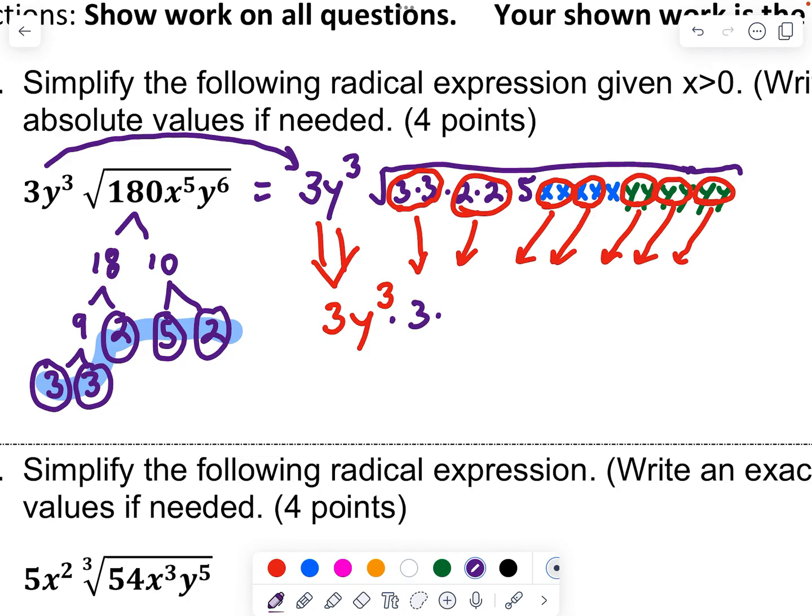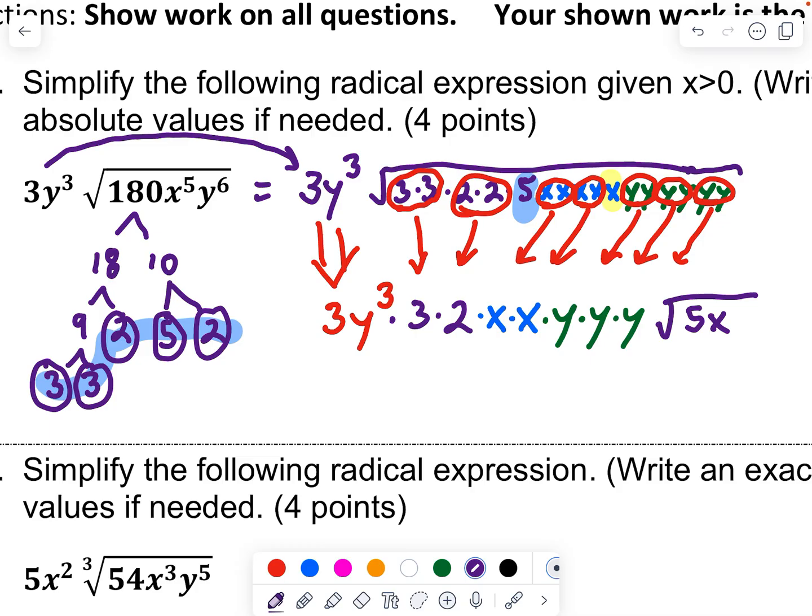Square root of 2 times 2. That is 2. The square root of x times x. That is x. I have 2 of those. And then we got square root of y times y, which is y. And I got 3 pairs of those. And then what do I have left over that I couldn't take out of the square root? There's a 5 there. And I have this x over here. Those are still stuck underneath the square root.